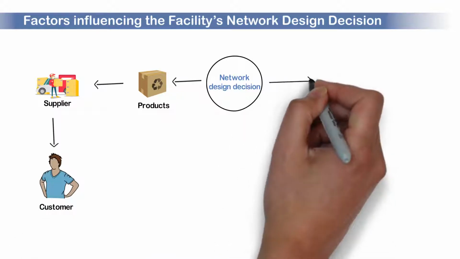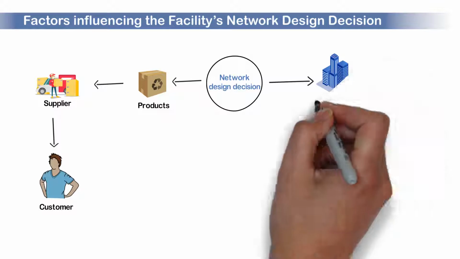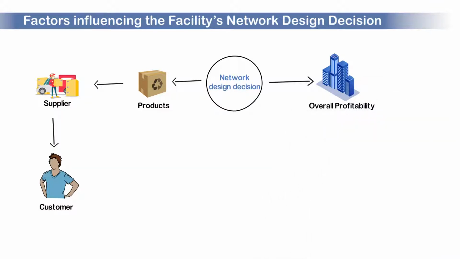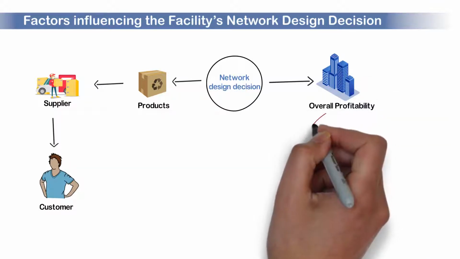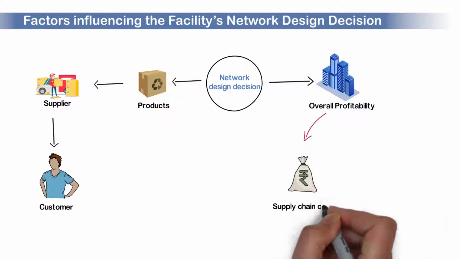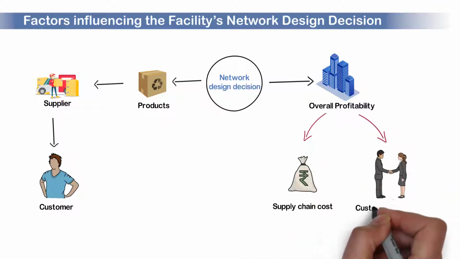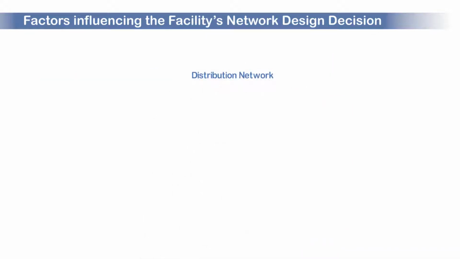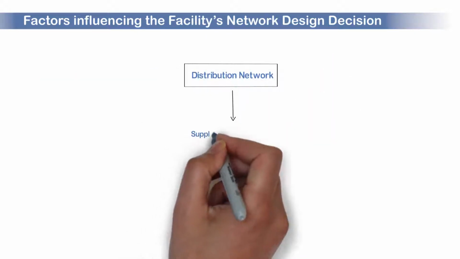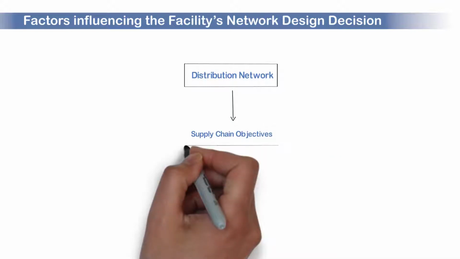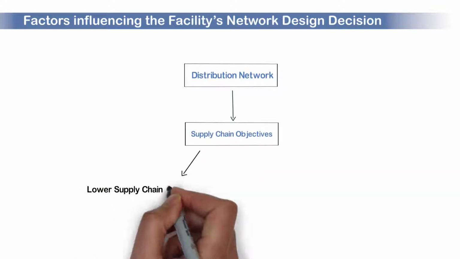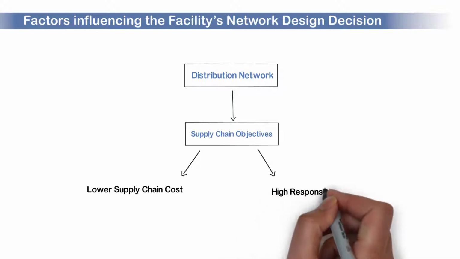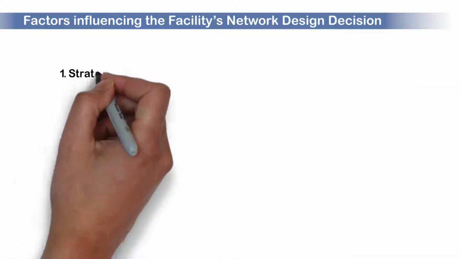It is the key driver of the overall profitability of a firm in the supply chain because it affects both the supply chain cost and the customer experience directly. Designing an appropriate distribution network will help us to achieve the supply chain objectives, that is, lower supply chain cost and high responsiveness.